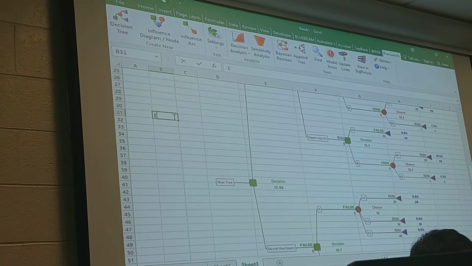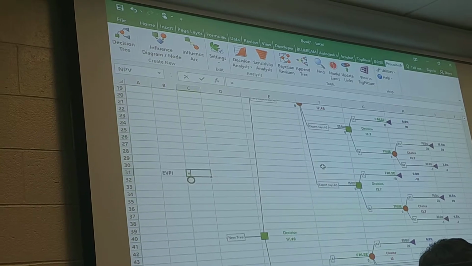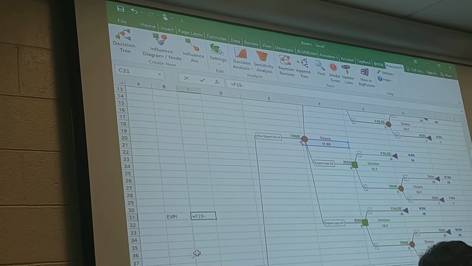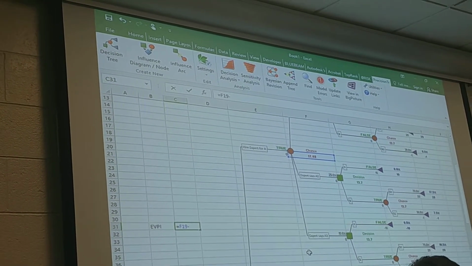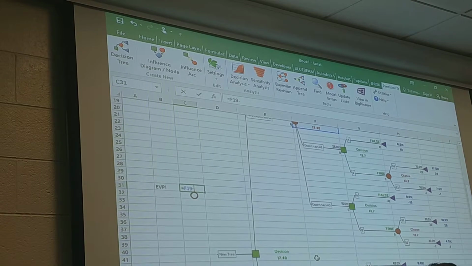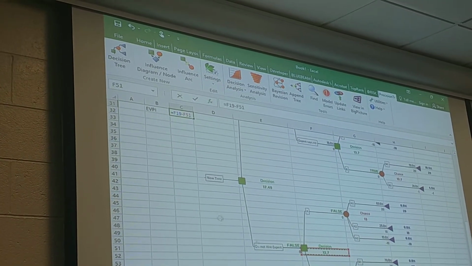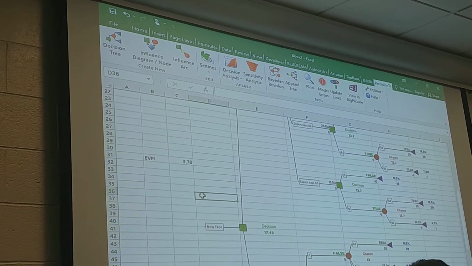And the EVPI in this case would be this value. EVPI is the EMV of consulting experts minus the EMV of not consulting experts. So it's a positive value.